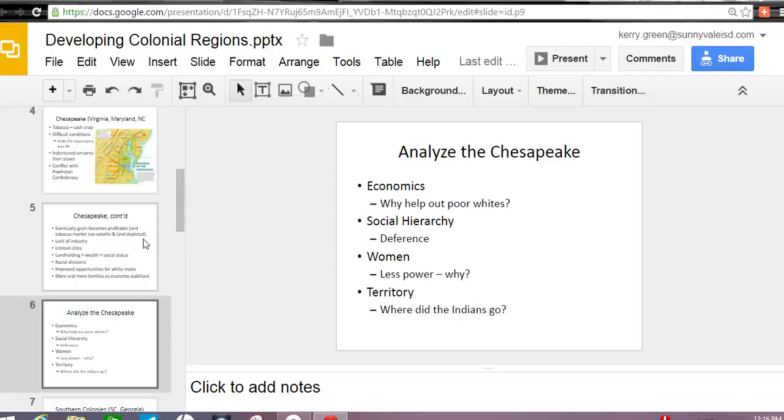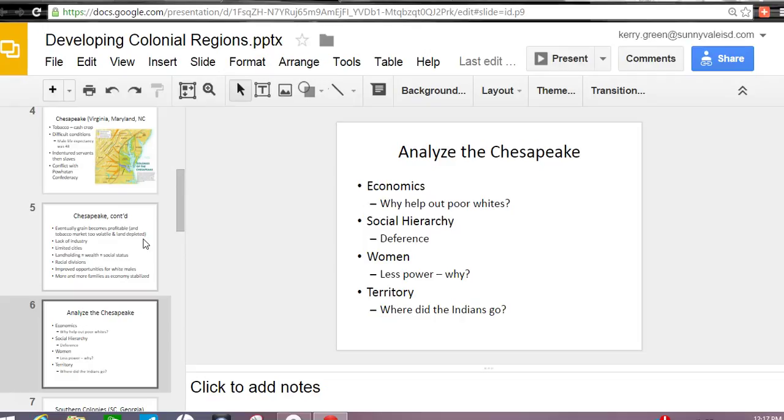So women will start to lose power in Virginia, even though one could argue that at the earliest points of colonization, say the 1620s and 1630s, women had more power in Virginia. By the time you get to the 1720s, they have less power.